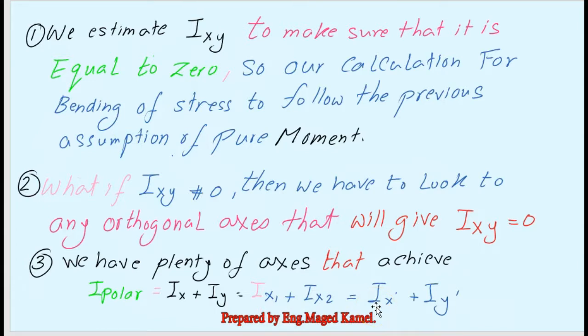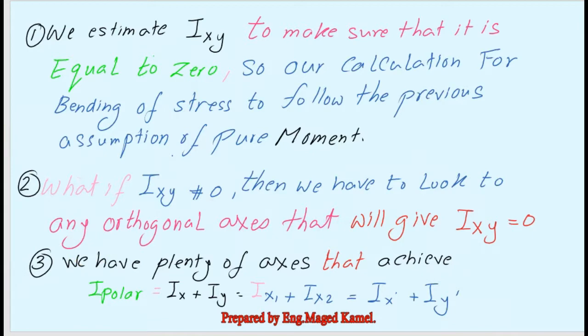But the axes which we are looking for are those where the moment of inertia around, for example, X dash will be maximum, and the moment of inertia around Y dash will be minimum, and at the same time Ix dash y dash should equal 0. These are the principal axes that will achieve our target that Ixy should equal 0.